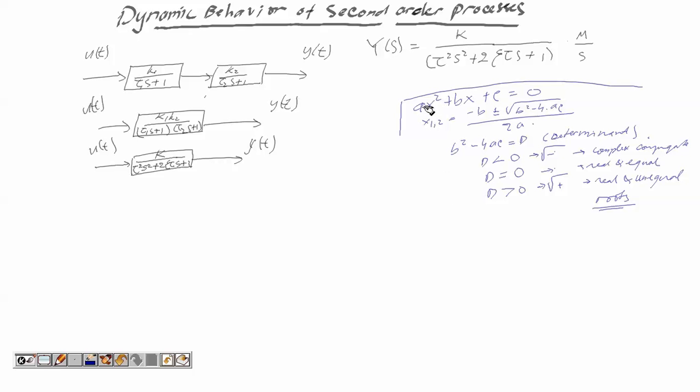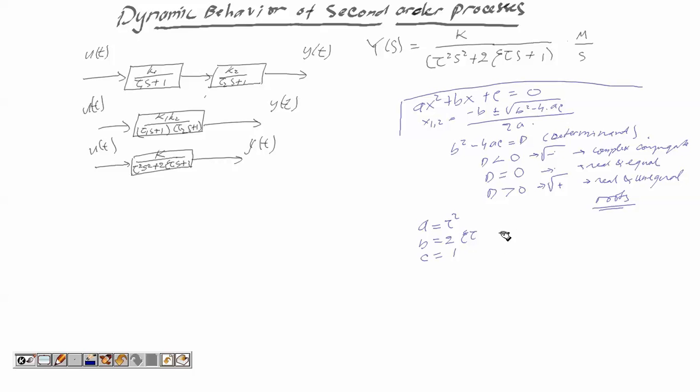So in our case, a is tau square, b is 2 zeta tau, and c is 1.